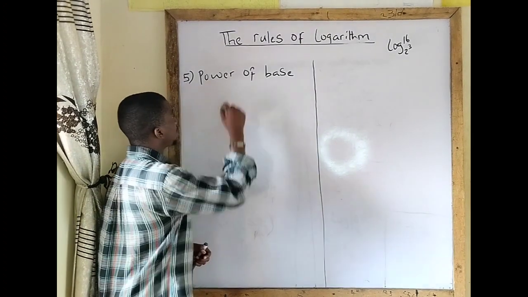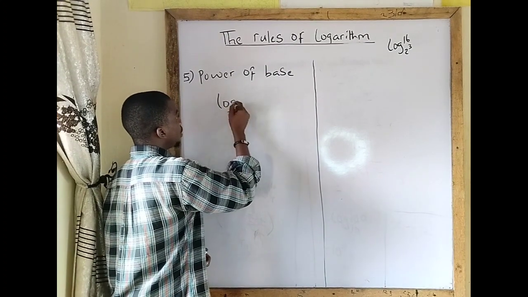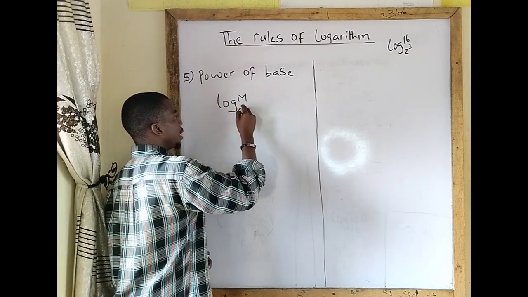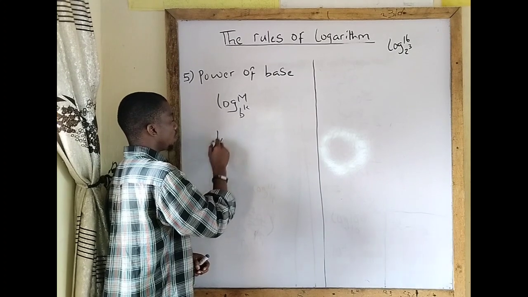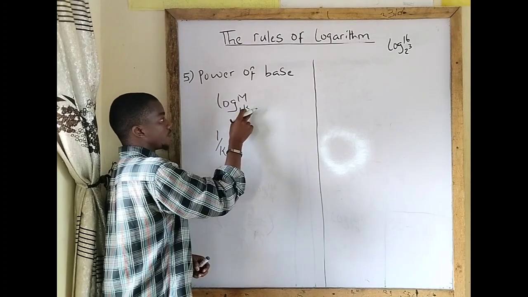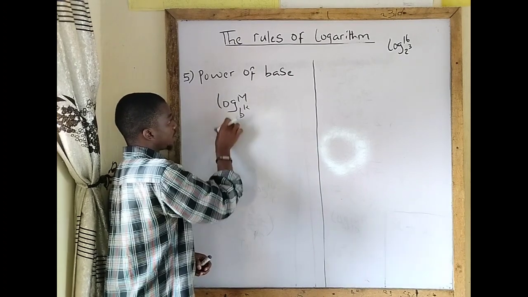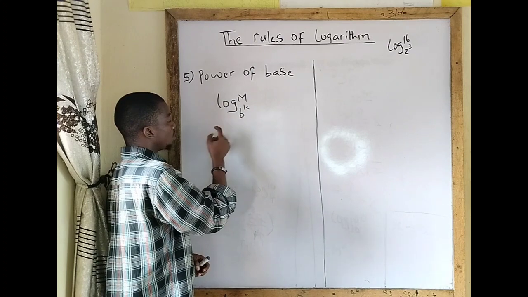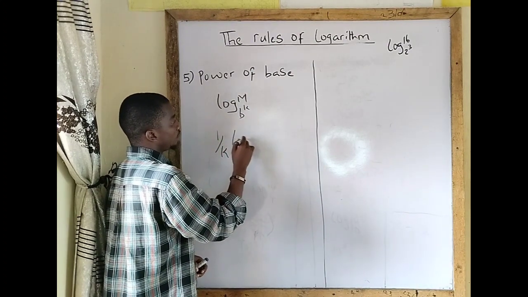If we have log m, base b raised to the power of k, then solving this is 1 all over k. We take the inverse of k, 1 all over k, and multiply by the log.